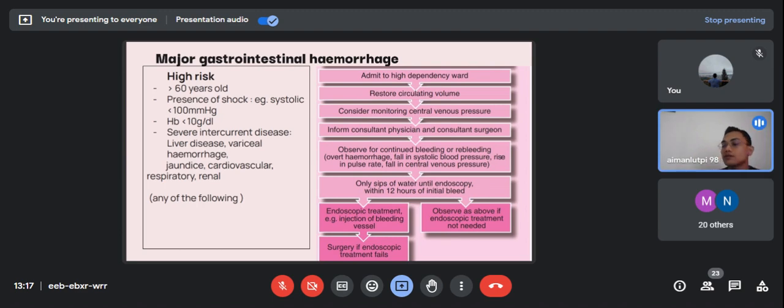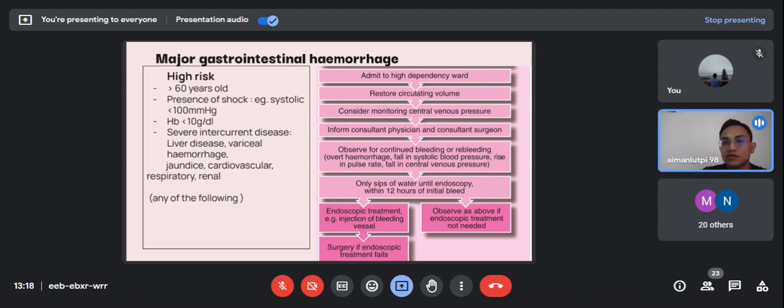In high risk patient, these are the things that you have to take into account: patient more than 60 years old, presence of shock, the systolic blood pressure less than 100, hemoglobin less than 10, and any severe intercurrent disease, for example, liver disease, variceal hemorrhage. So if present any of these following, so we admit in high dependency ward.